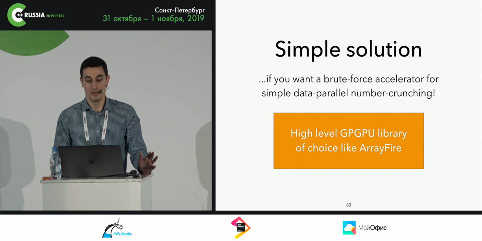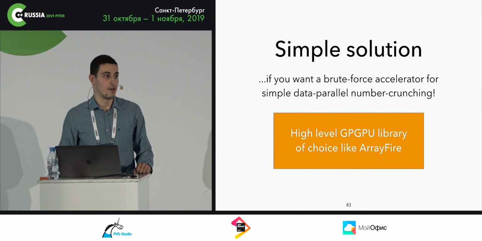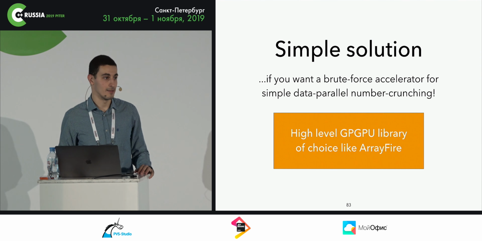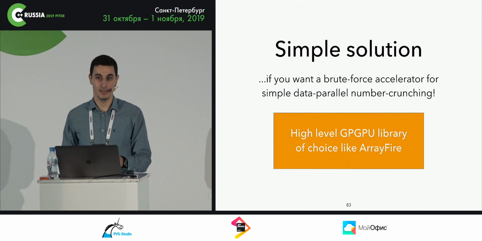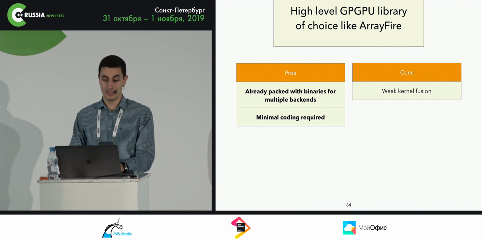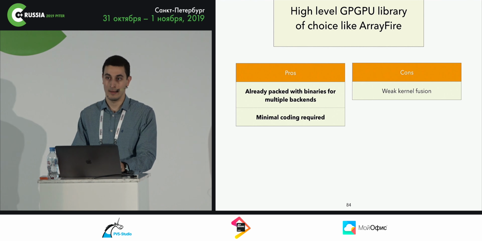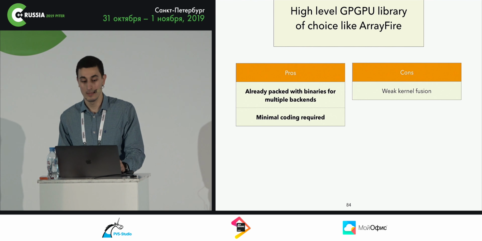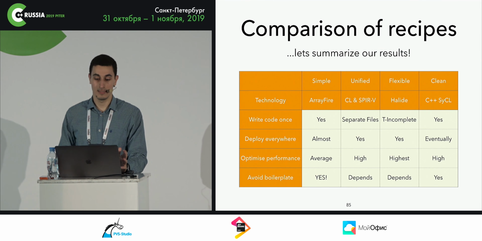It's basically as easy as calling homebrew on your Mac OS or sudo apt install on your Linux machine and opening up your favorite IDE and starting working. It's super simple. The problem is that sometimes the kernel fusion can be much weaker than in systems like SyCL or Halide. But on the positive side, it's as easy as it gets.